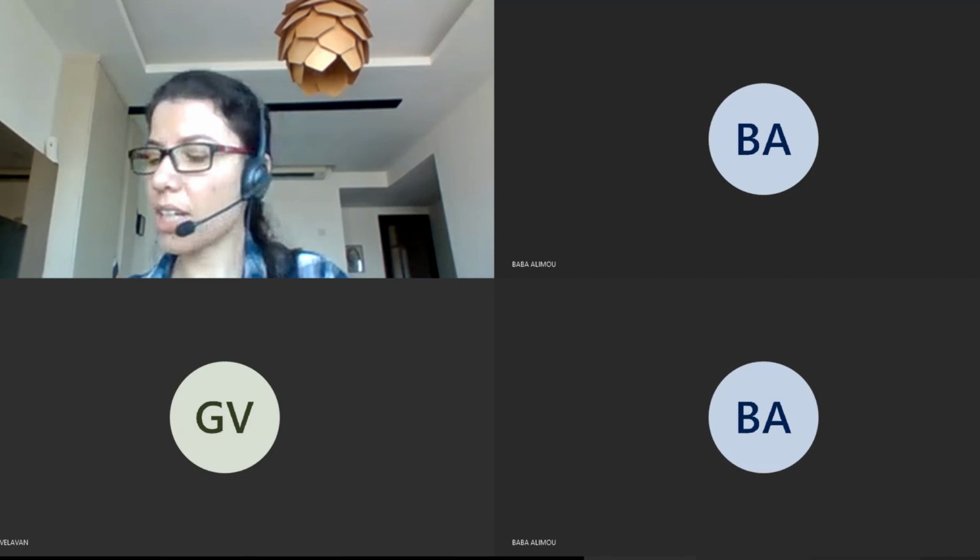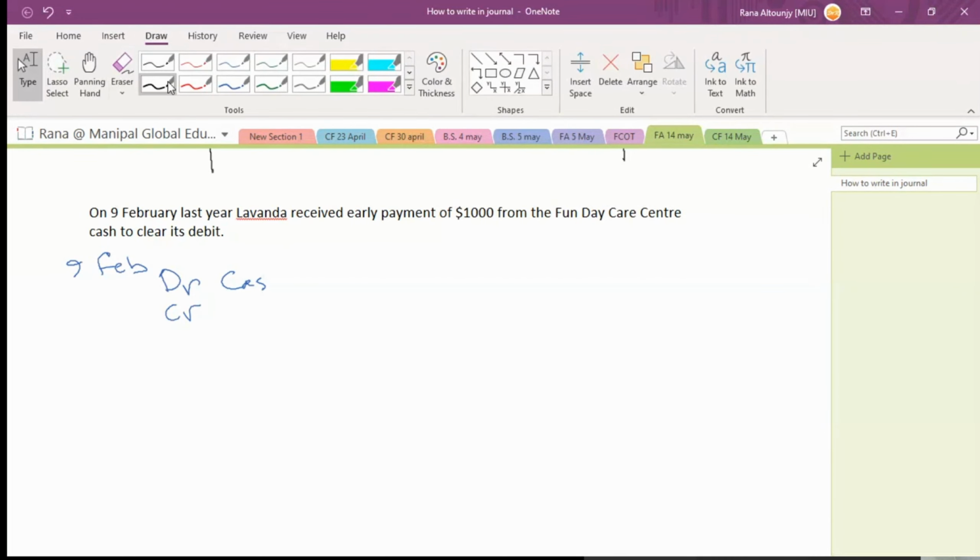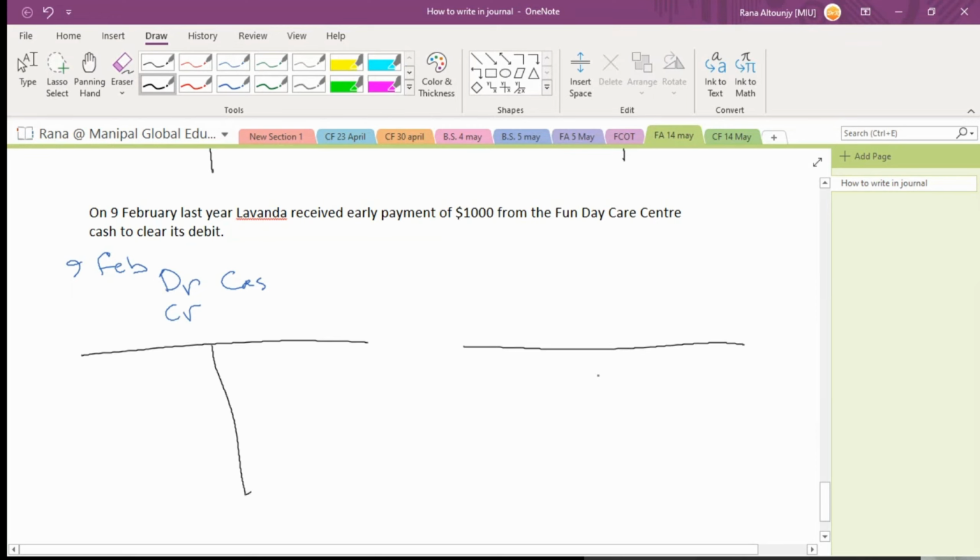How do we do this transaction in the ledger? We open the two ledgers. Okay, this one he didn't record here.